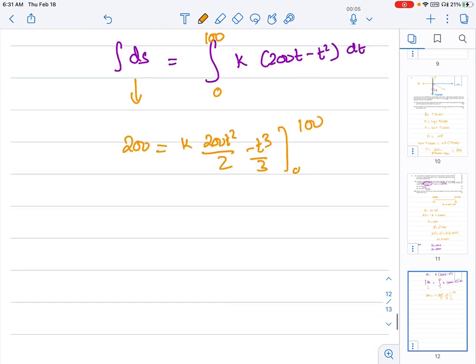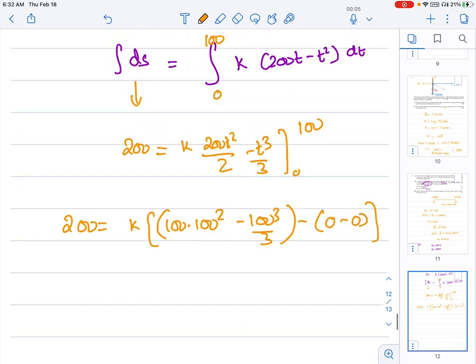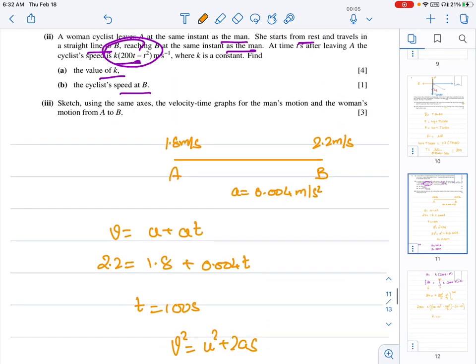So plug in there, 200 is equal to k times 100 times 100 square minus 100 cubed by 3 minus 0 minus 0. So from there I get the value of k as 0.003.